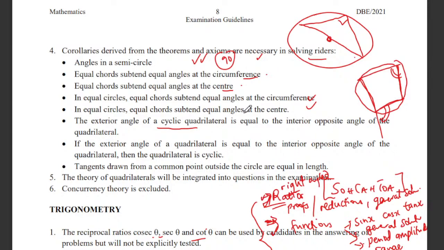Then we need to know that the opposite angles, we say they are supplementary, so that the exterior angle of a cyclic quadrilateral is equal to the interior opposite. That's what we said. But this can come under the proofs, where they ask you to prove that the shape is a cyclic quadrilateral. Remember, we have 3 ways of doing this. Number one, you can use the exterior property. You can use the opposite angles being supplementary.